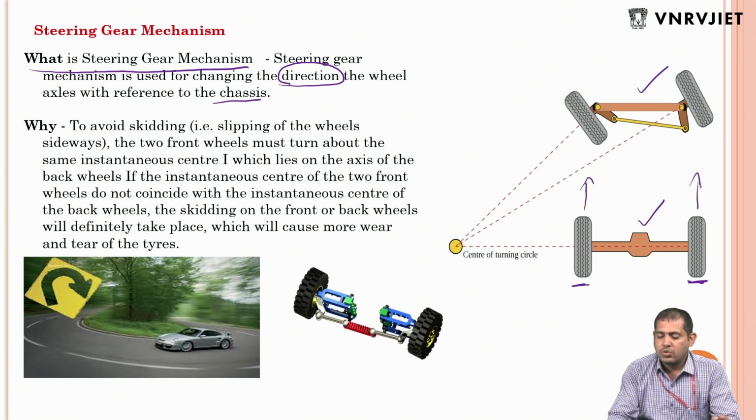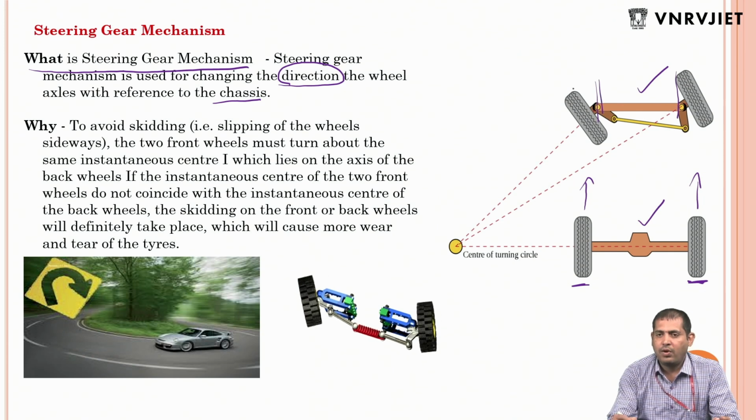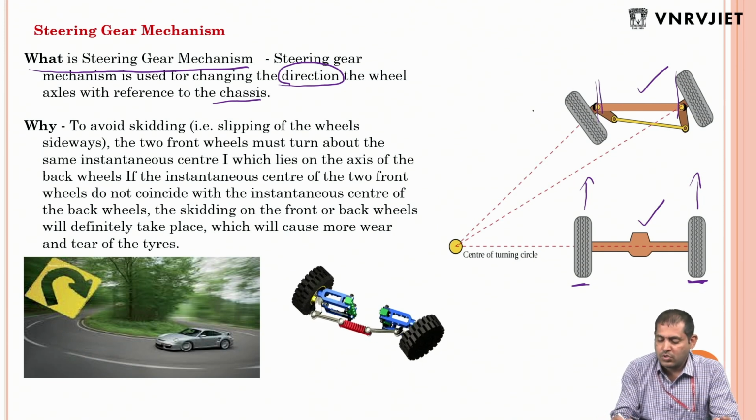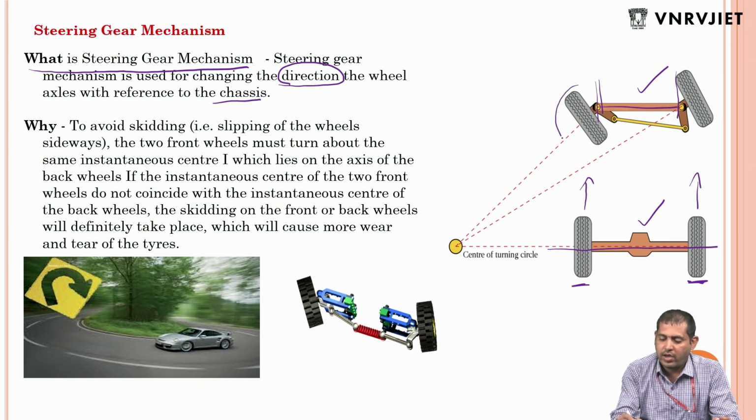So in the front wheels, we can change this angle with the help of some mechanism. It may move as a left turn or right turn. Here this one is fixed. Here it is fixed. We are going to change this wheel direction with the help of links.